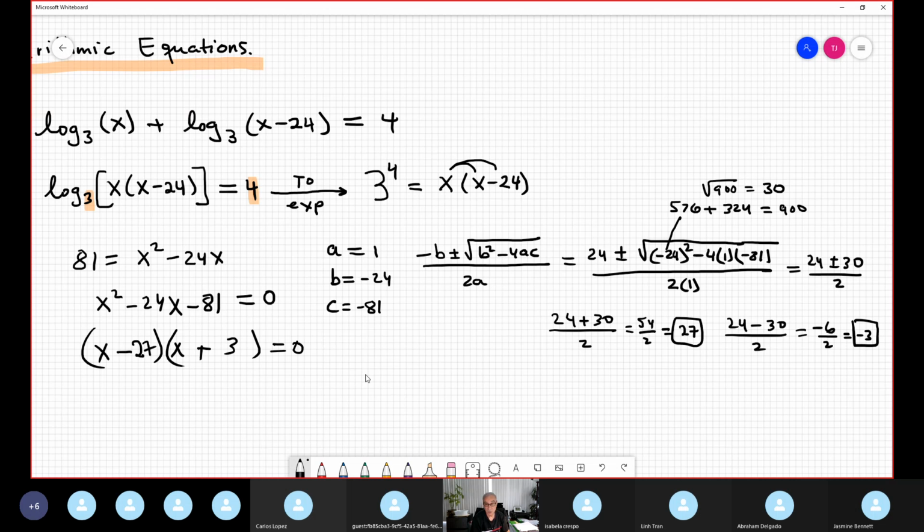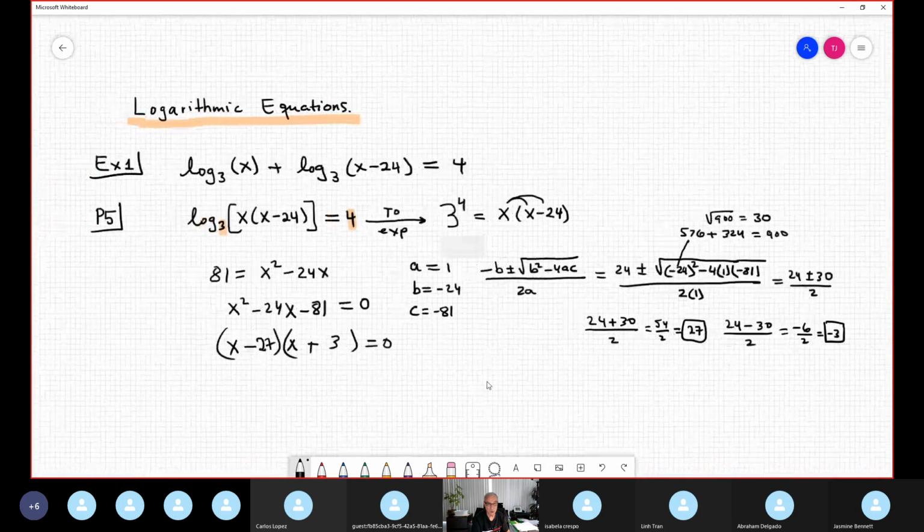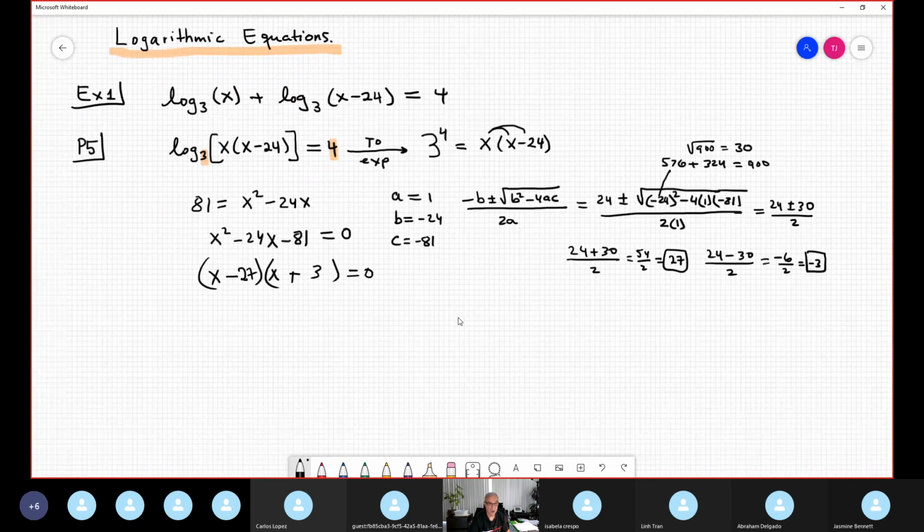No. Why not? Because you need to verify. The checking part is extremely important, even though you have two solutions. Check for 27 and check for negative 3.